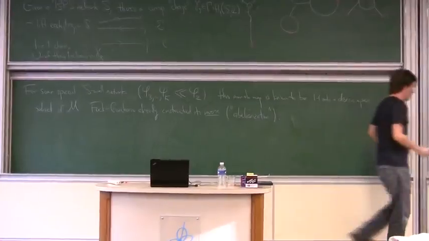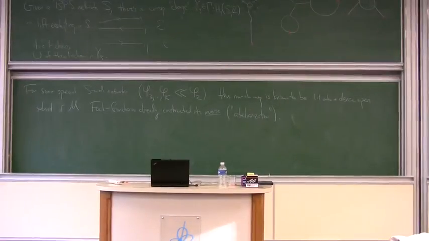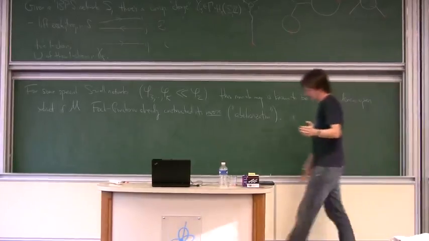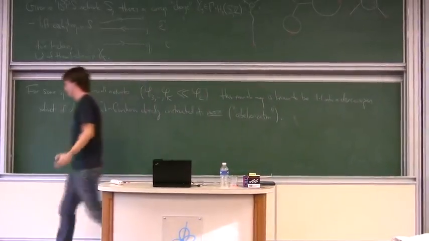Okay. So the S-wall network gives us this map from non-abelian connections to abelian connections.